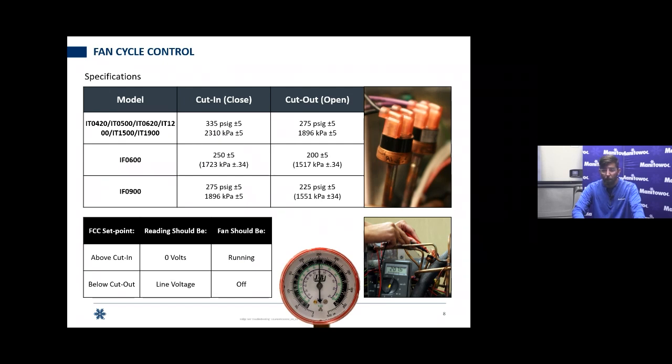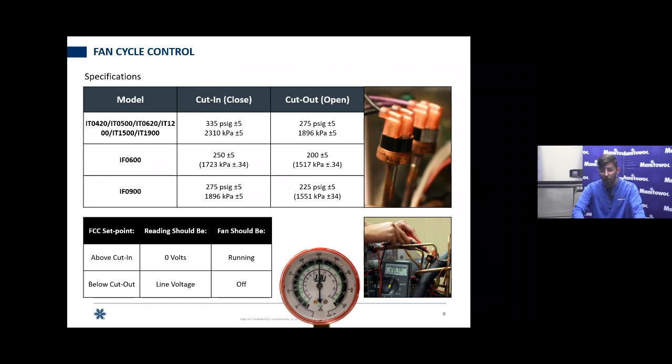So if you're wondering about that switch, but you have not gauged up yet, this is what you want to look for. If the fan's not running, is the pressure switch closed? Well, if we're above that cut-in, and to know if we are above the cut-in, you would need a gauge. But let's say that we're just really not wanting to gauge up that system. Everyone here at Manitowoc tells you, do not put gauges on until you're sure you need them.